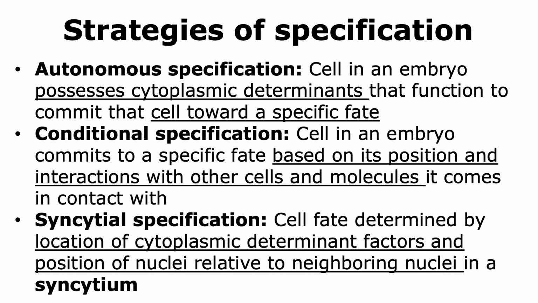The third type of specification is called syncytial specification. In this case, the cell fate is determined by the location of cytoplasmic determinant factors like mRNA and proteins and the position of their nuclei in a structure called a syncytium.